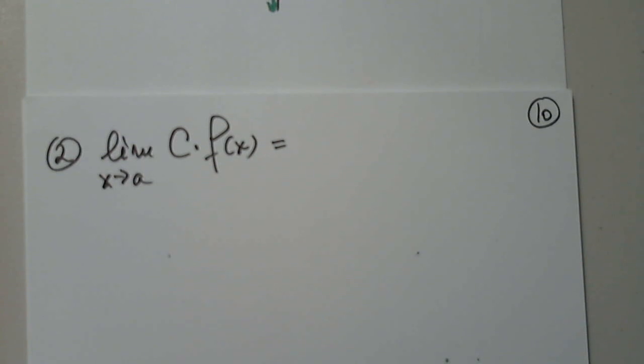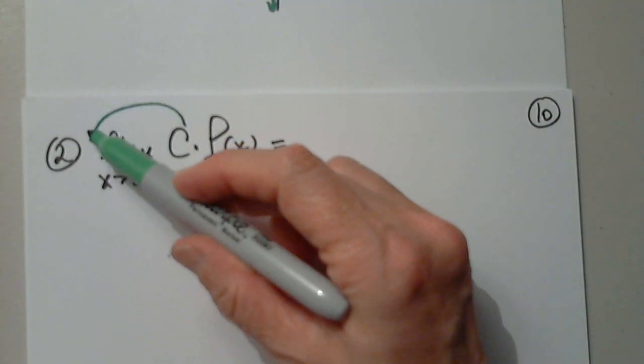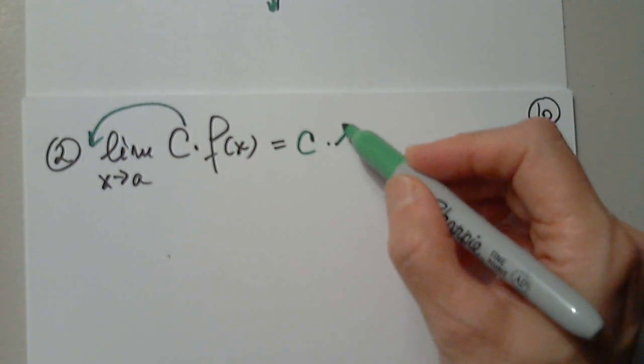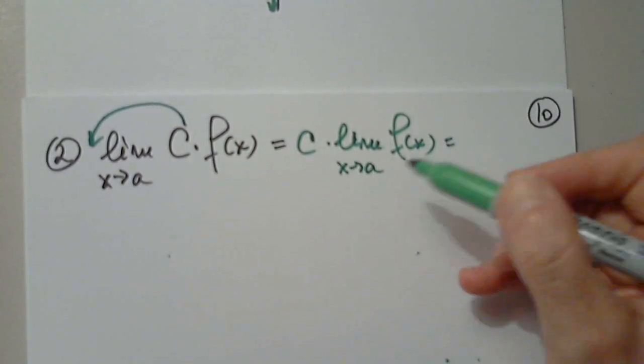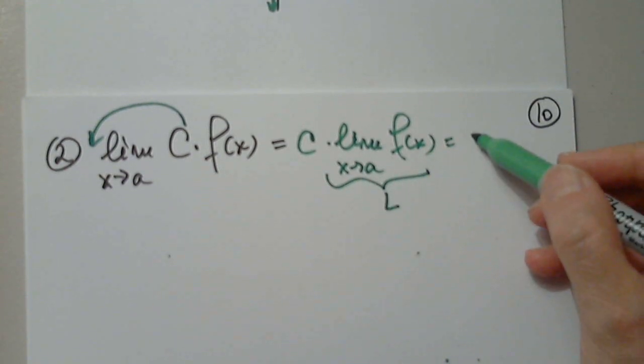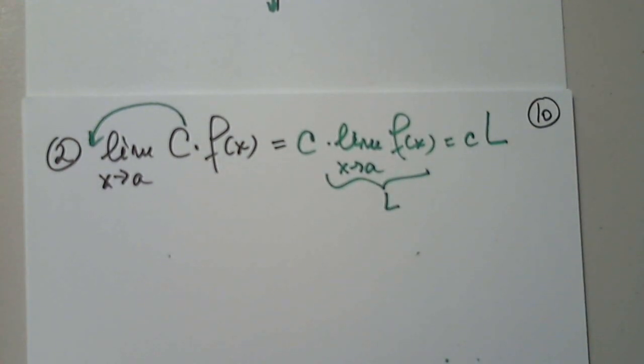Would we multiply the limit by the constant? Yes. C times the limit of f(x) as x approaches a. Since we denoted this by L, this will be C times L.